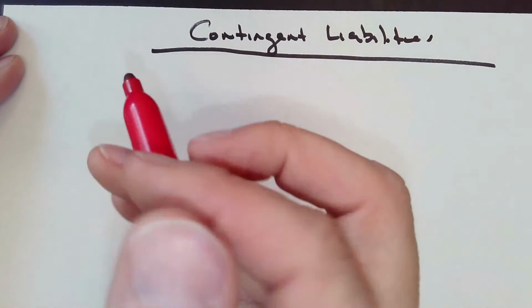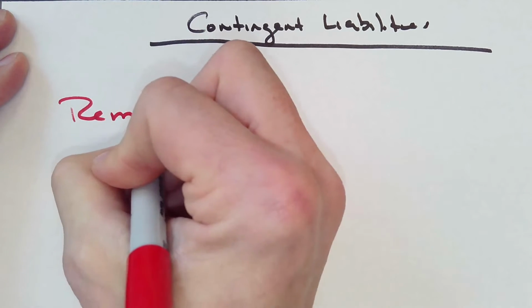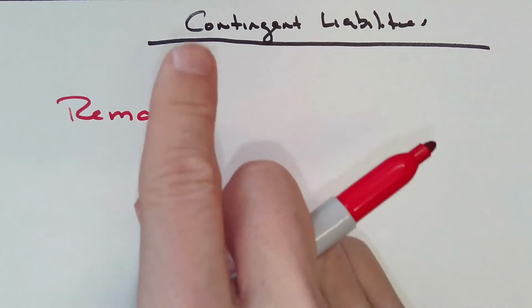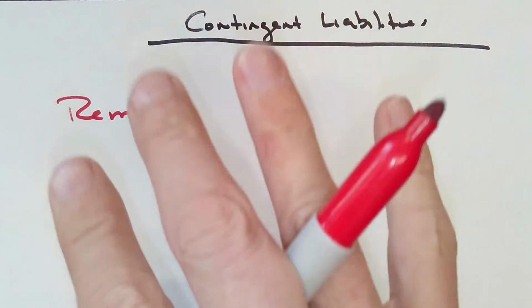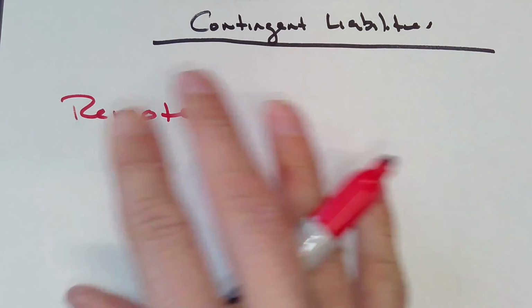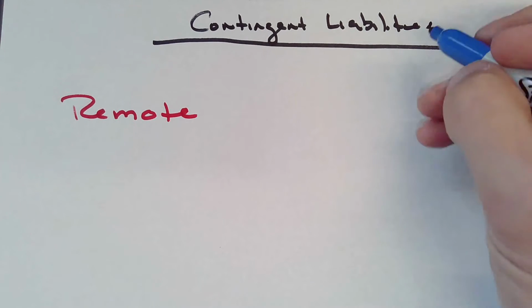The first one we'll talk about, which is nice and easy. If we determine that the likelihood is remote, right? I'm going to blend likelihood and measurability together. So in this case, it's remote. We may know what the number is, but it's not likely. The accounting answer for this, what do we do? What is the accounting?